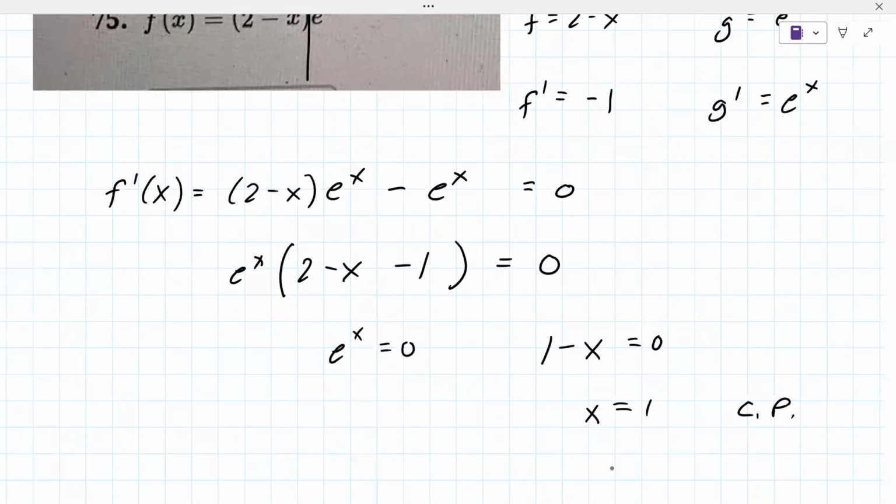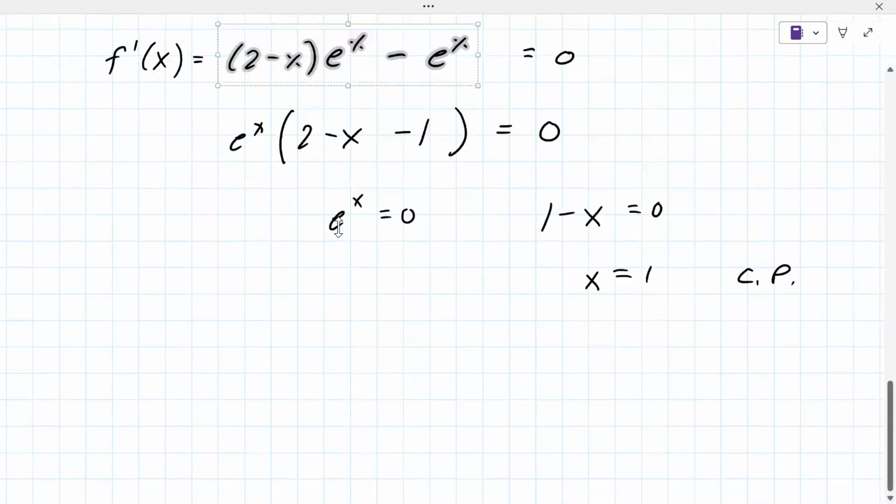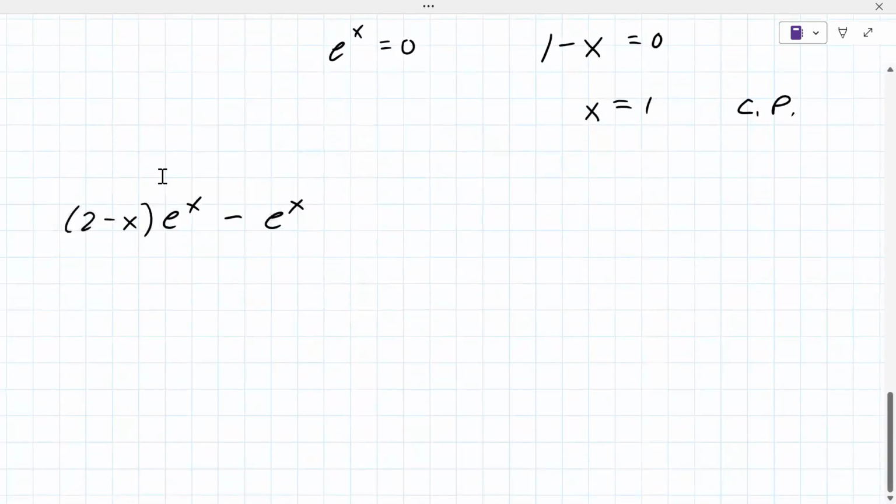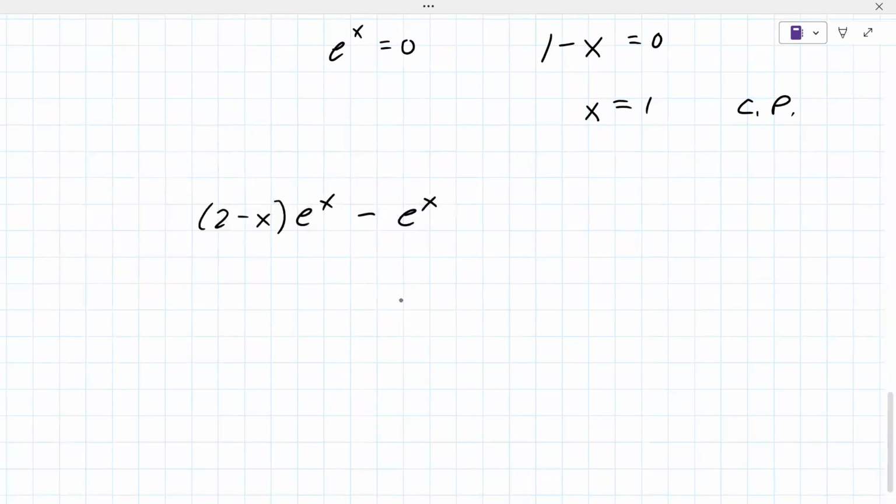So then for the inflection points, if they exist, you have to take yet another derivative. If you were going on to calculus 2 or more advanced math, you have to get really comfortable taking a lot of derivatives and recognizing patterns. Like the derivative of this right here is the whole thing because we've already done that part.